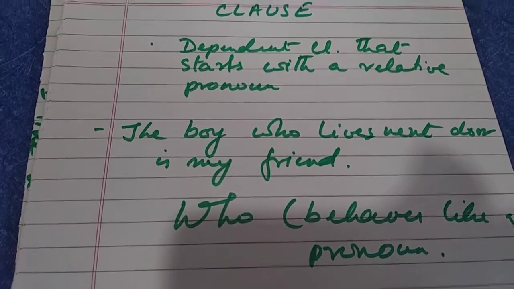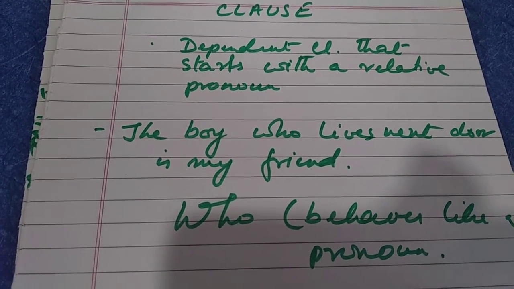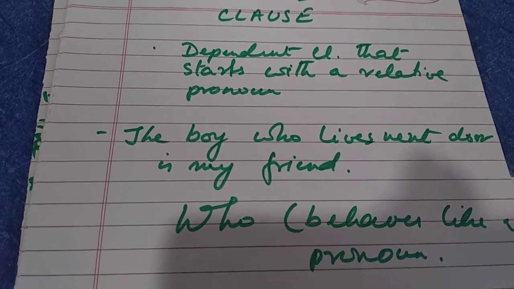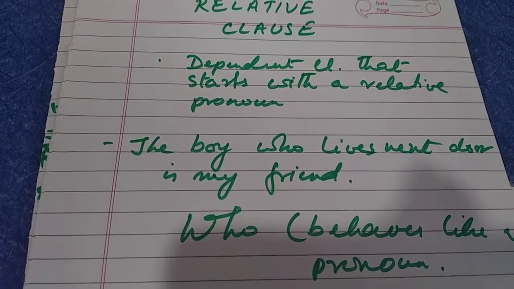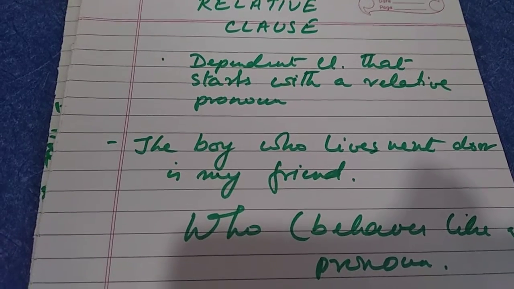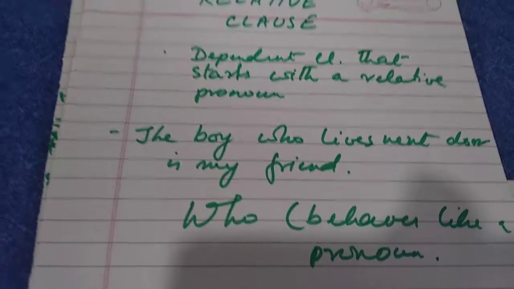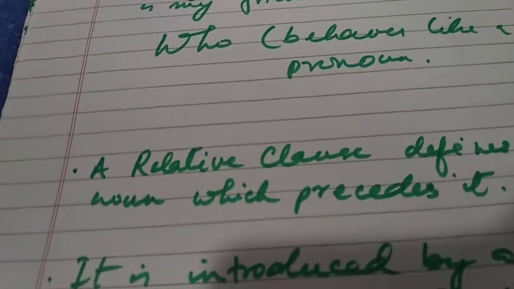The boy who is wearing a mask is my friend. Who is wearing a mask? The house which is situated at the crest of a hill belongs to Lencho. The house belongs to Lencho. The house which is situated, which. There's a verb. So we have who behaving like a pronoun.